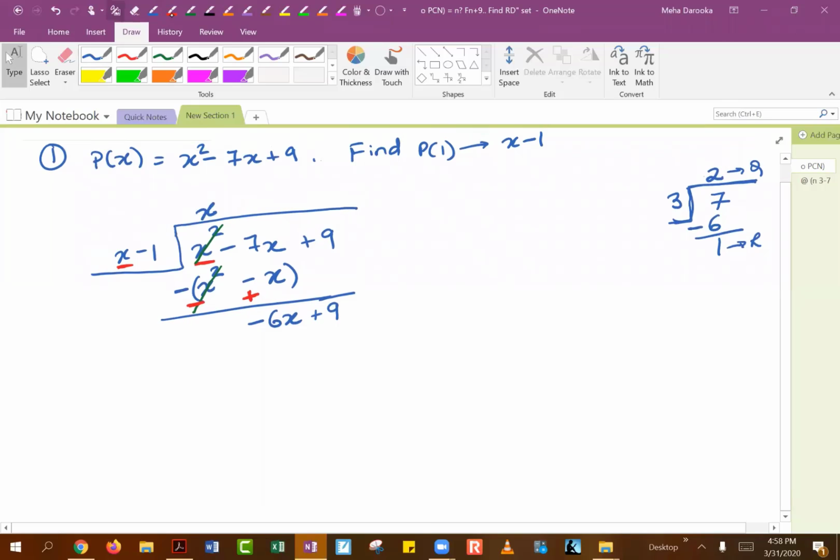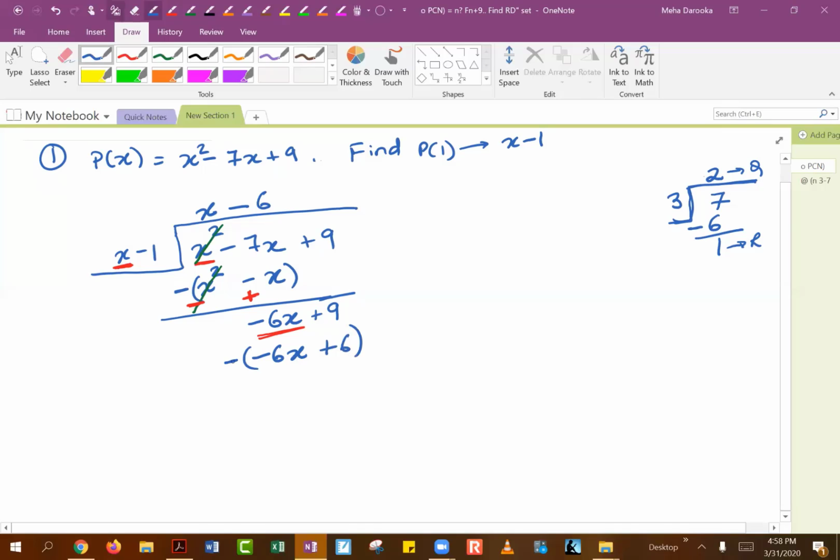Okay, so now I have a -6x here, and I have just an x over here, which means to get rid of this, I should have a -6 in my quotient. So again, you're going to multiply your divisor. X times -6 will give us -6x. -1 times -6 will give you +6.